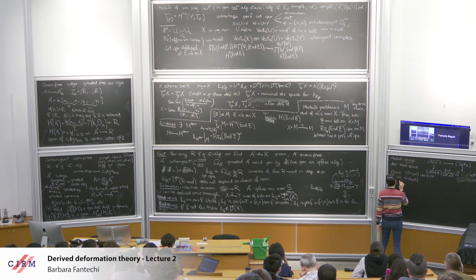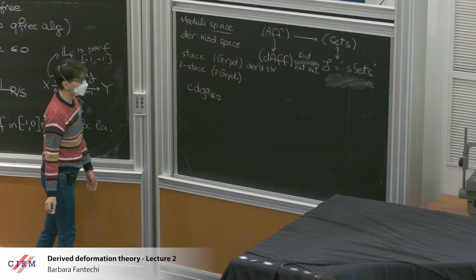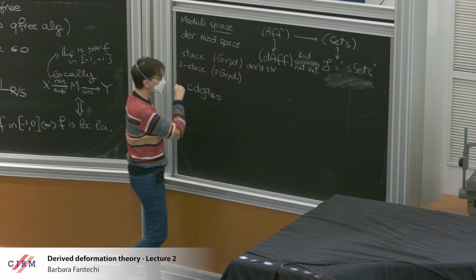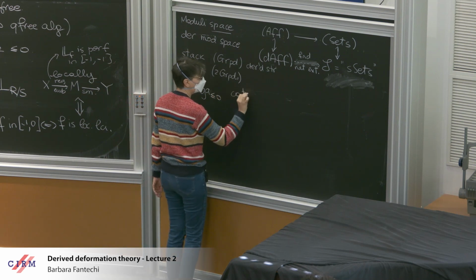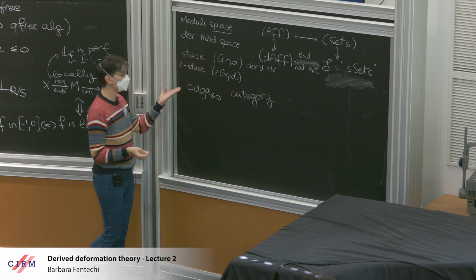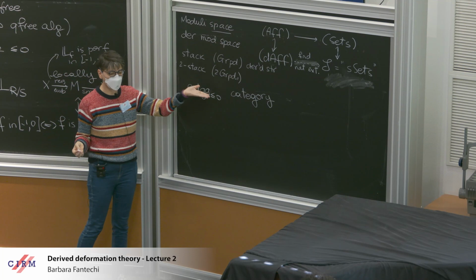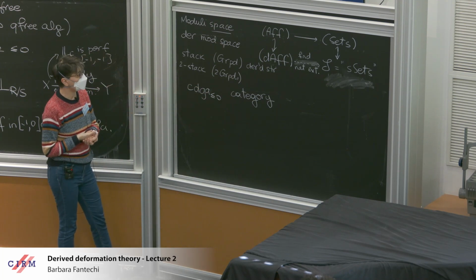Remember, we already know how to define this differential affine. These are these CDGAs in degree 0. And these are a priori just a category with homomorphisms, which are homomorphisms of complexes which are graded and respect multiplication.